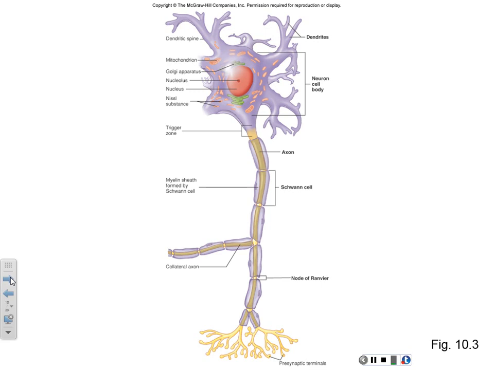And then, of course, the axon hillock, which is at the base, or sometimes called the trigger zone. So the trigger zone or axon hillock is the same thing. This is the myelin sheath I was talking about. The axons can either be myelinated or not.